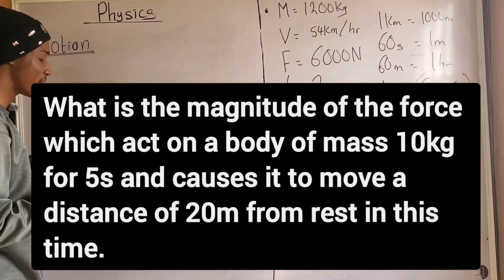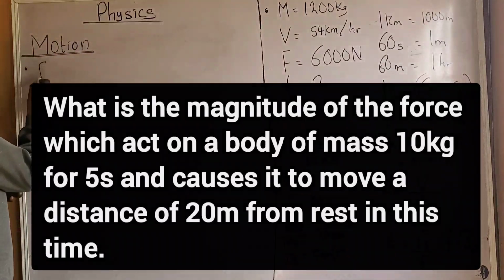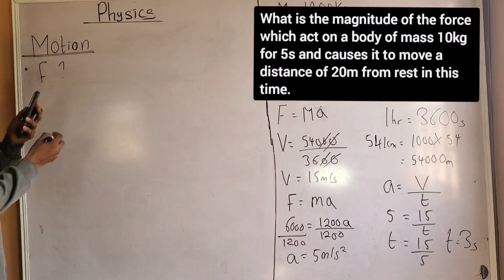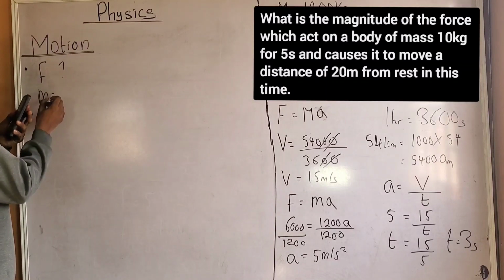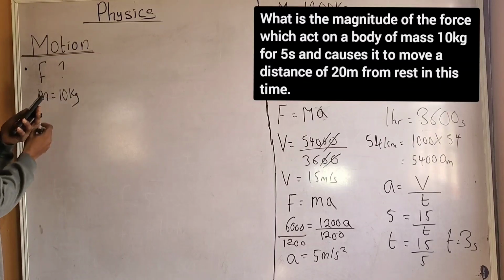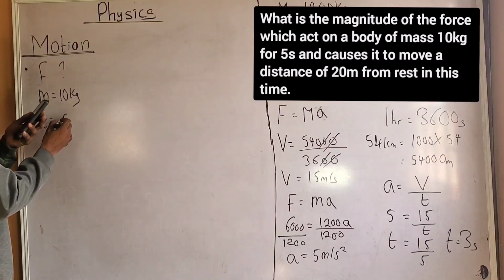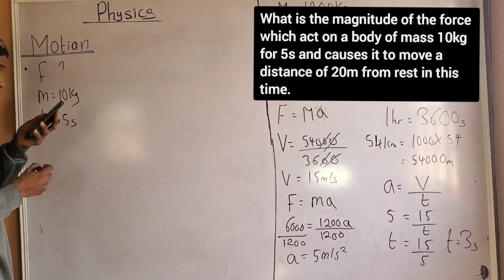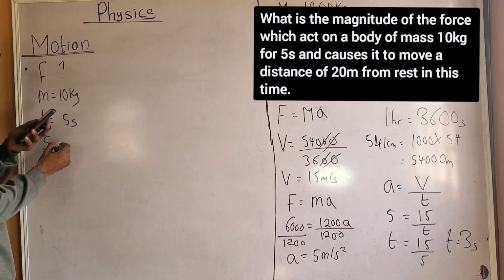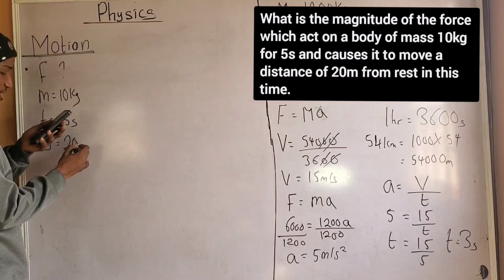We are asked to find the magnitude of the force, so we are looking for force. We are given that the mass of the body is 10 kilograms, so M equals 10 kilograms. The time is 5 seconds. Also, we are given the distance, let's call it S. The distance is 20 meters.